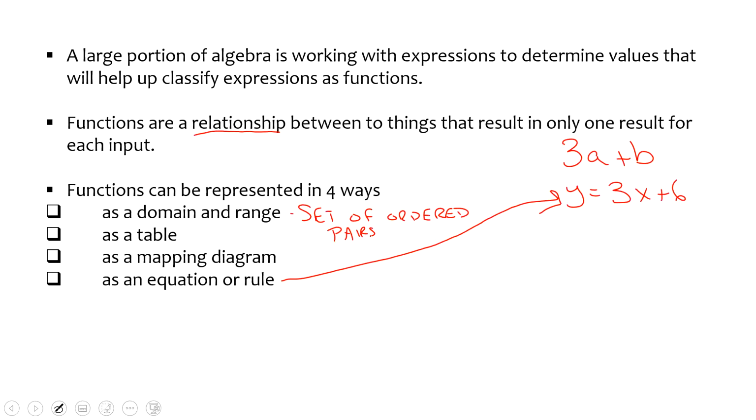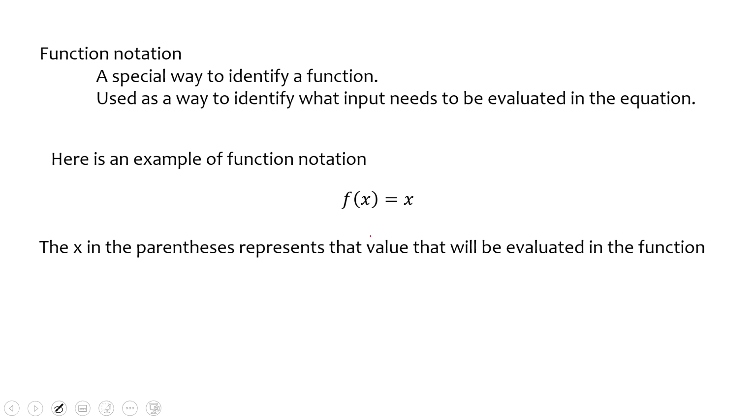Okay. What we're going to introduce today is function notation. A lot of what you've seen in algebra has always been listed as y equals x, a simple equation. So when x is 4, y is 4. When x is 75, y is 75. When x is pi, y is pi.